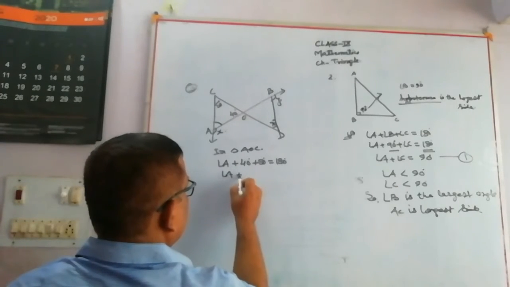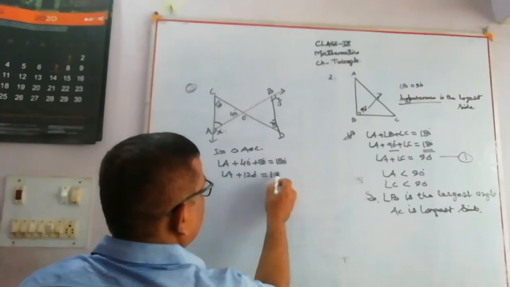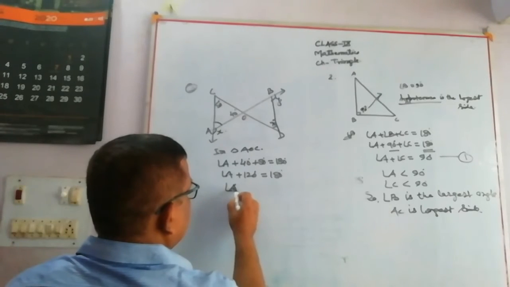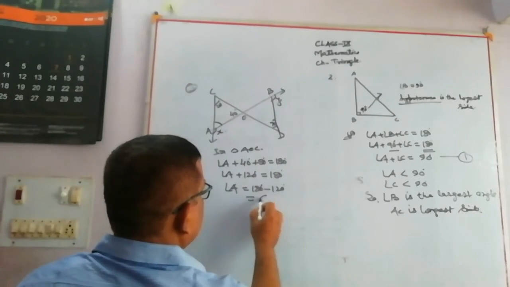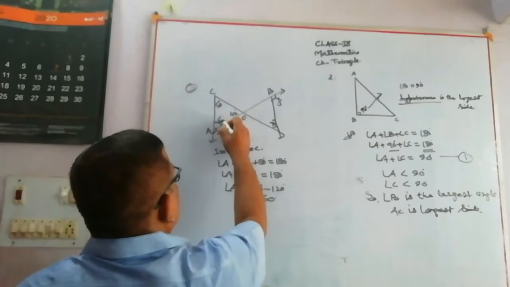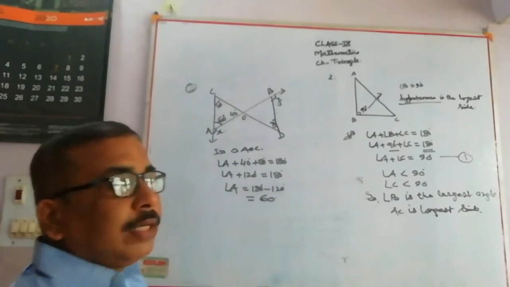Angle A plus 120 degree is 180 degree. Angle A is 180 degree minus 120 degree, 60 degree. First we find that angle A is 60 degree.